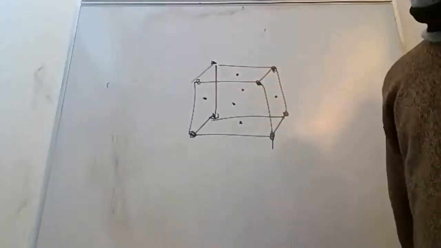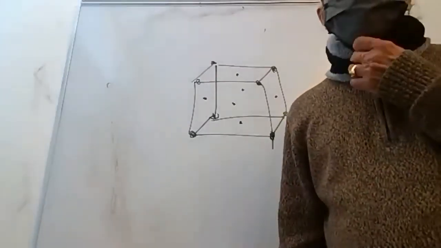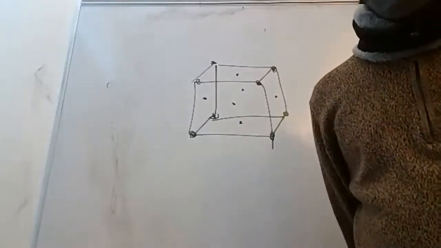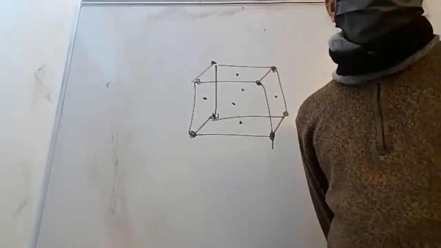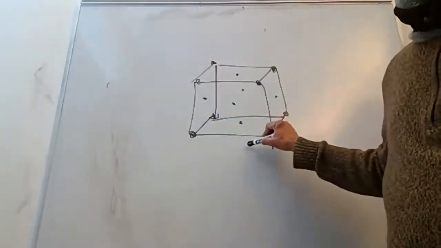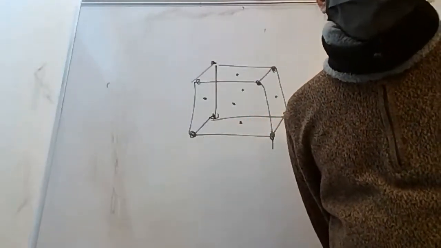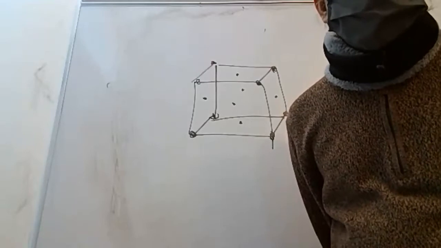There are 6 faces, so there are 6. So how many lattice points do you see now in this cube in isolation? You have 8 corners and 6 face-centered positions. So you have a total of 14 atoms.